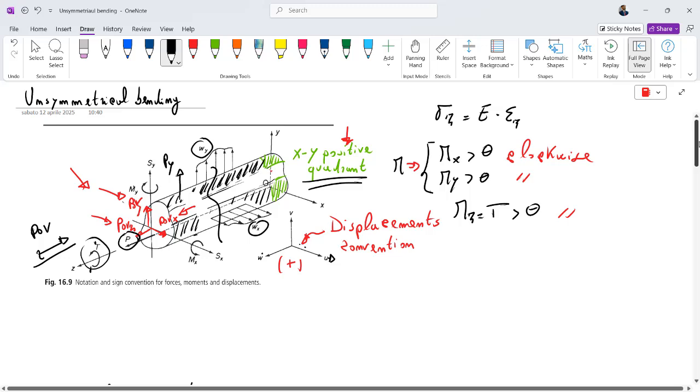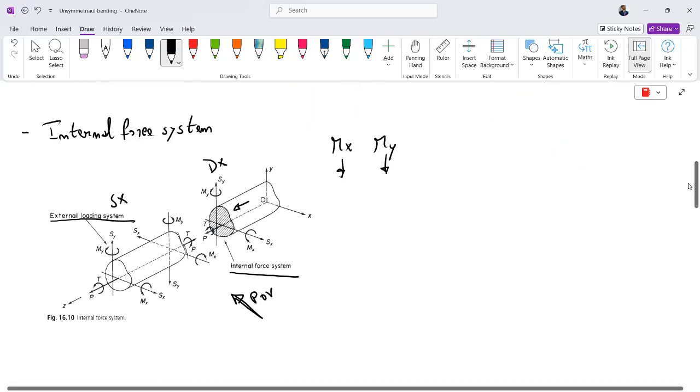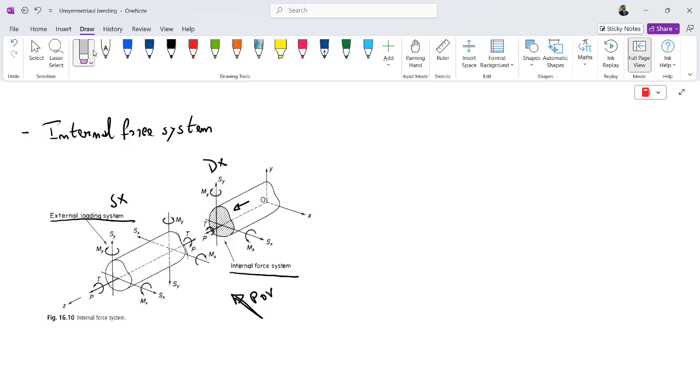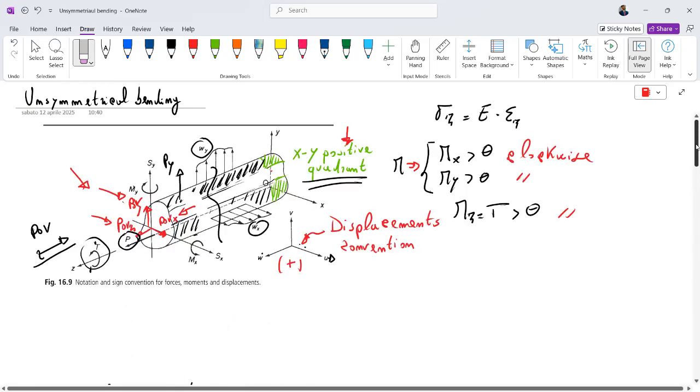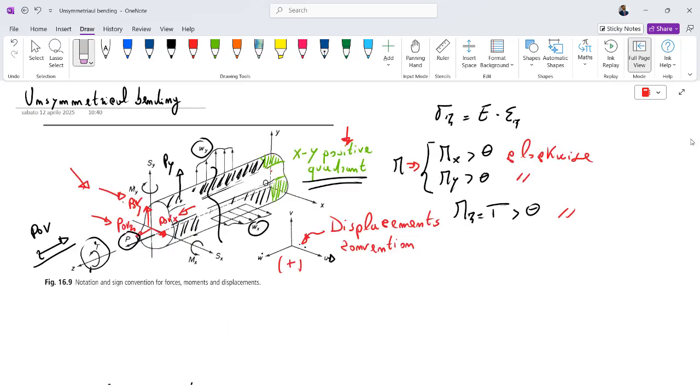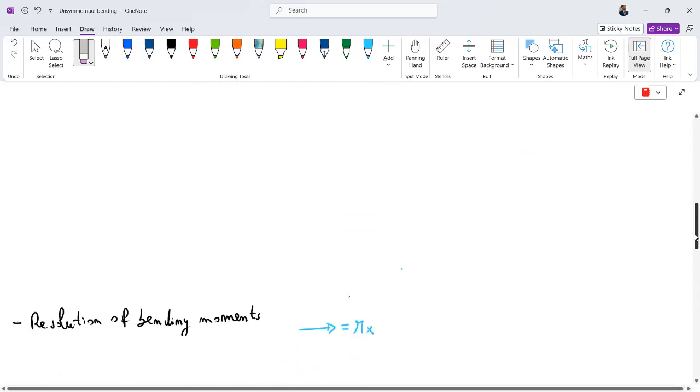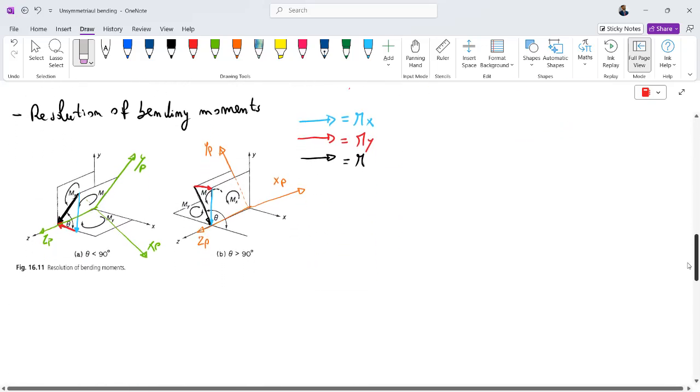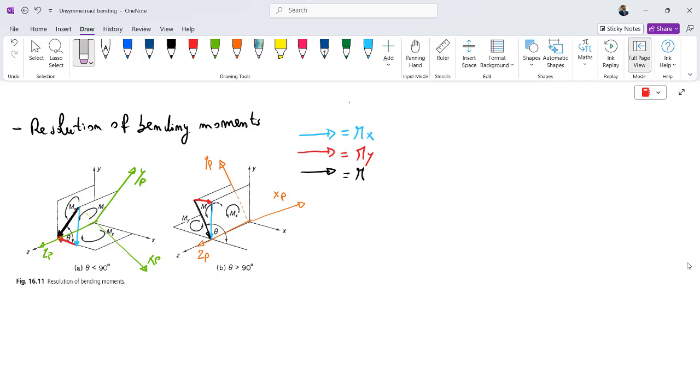So this explanation is simple to understand. The first two things are a simple reference system, referring to the internal force reference system and the external reference system for the convention of the sign. But now we can see more deeply how to resolve an unsymmetrical bending.